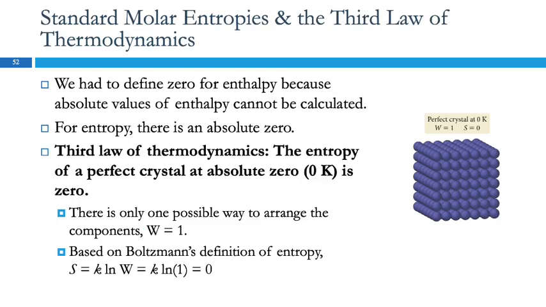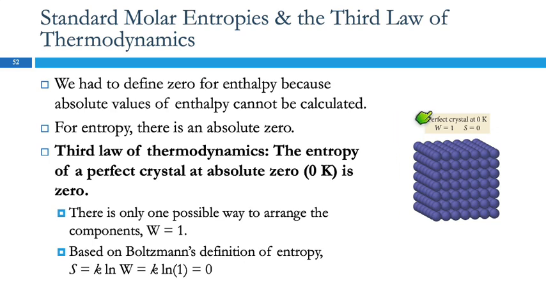For enthalpy, we had to pick a 0 because you can't calculate absolute values of enthalpy. It's a bit like elevation. Using the center of the Earth as 0 is not practical. But for entropy, there is an absolute 0. So this is the third law of thermodynamics. The entropy of a perfect crystal at absolute 0 is 0.